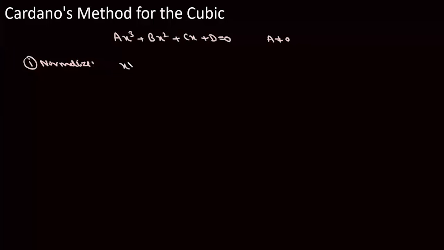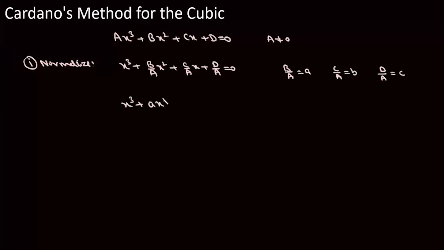So we can write this as x cubed plus b by a x squared plus c by a x plus d by a equals 0, and let b by a be a, c by a be b, and d by a be c. So we can write this cubic as x cubed plus ax squared plus bx plus c equals 0. So it's a simple step.